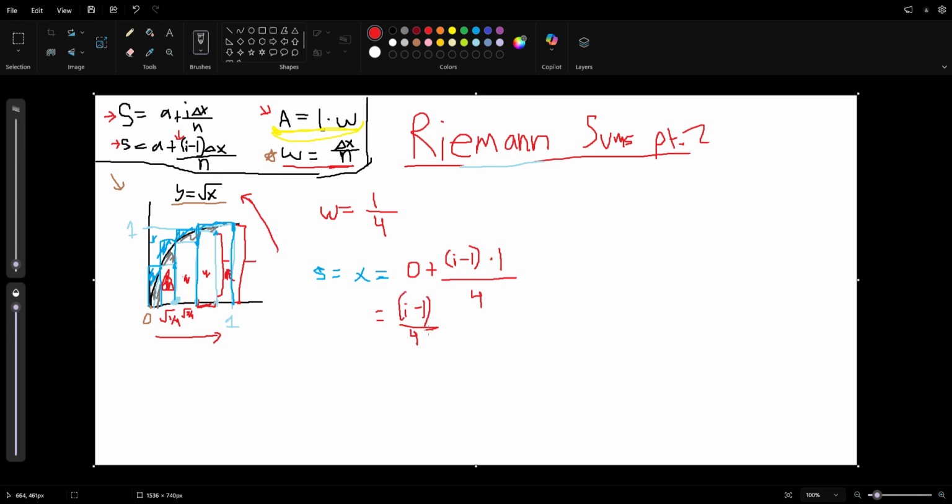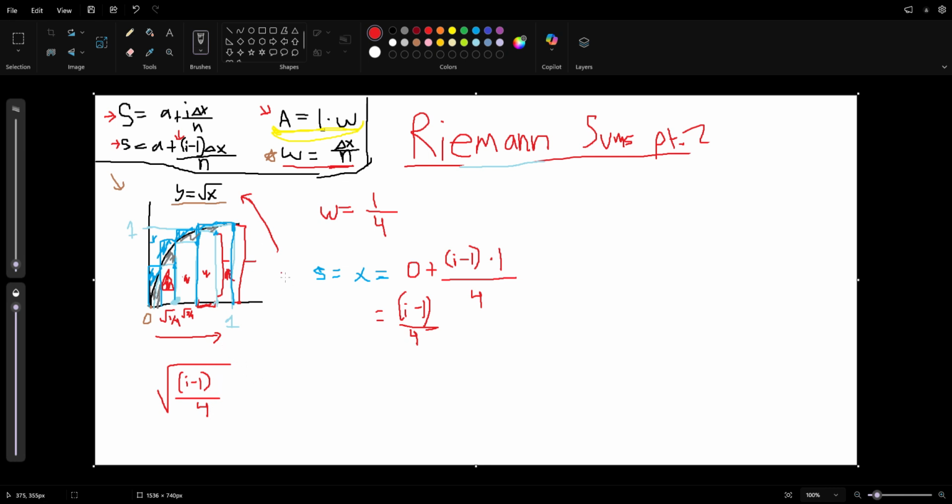Alright, so that's what the lower sum is. Now let's plug it into the equation once again, and we will find that it is i minus 1 over 4, repeated over 4 times for i.